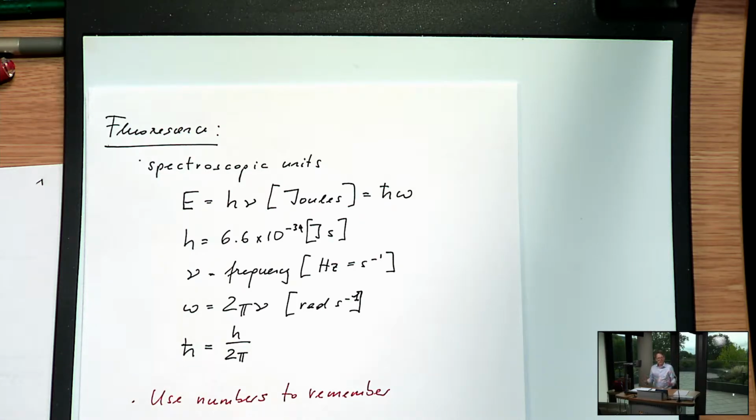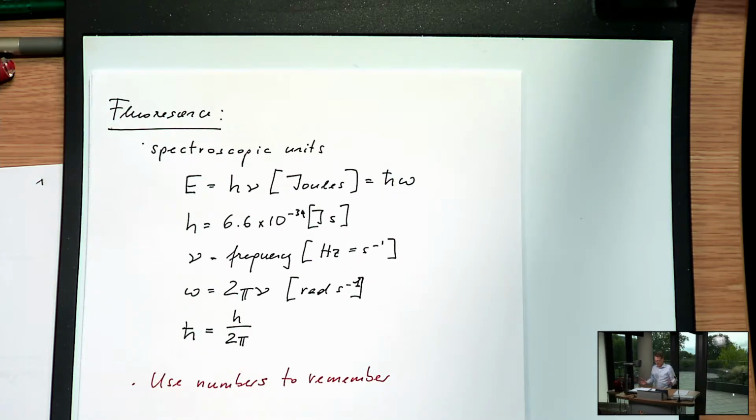You could easily be 6 orders of magnitude out in your calculation, but your brain isn't able to reflect on whether that number is sensible or not, because we're not in daily life used to dealing with such large or small numbers.